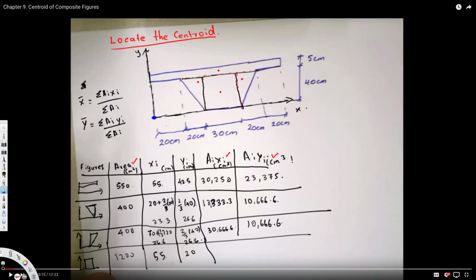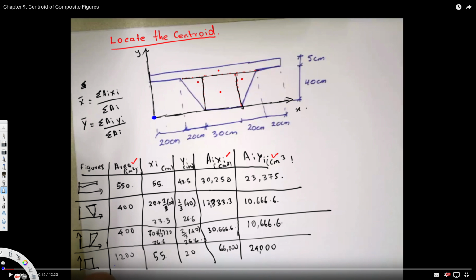Then if I multiply these two together, AiXi is going to be 66,000. Then if you multiply Ai times yi, that will give us 24,000. So these are the values we had to calculate. Now to find the x bar and y bar, we have to know the summation of AiXi, summation of Ai, and summation of Aiyi. So let's sum it up and find the values.